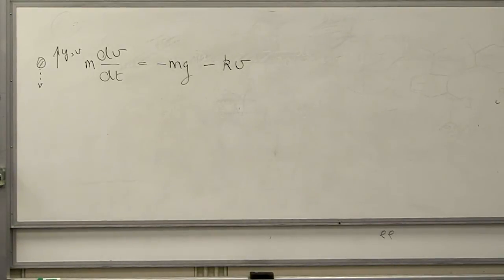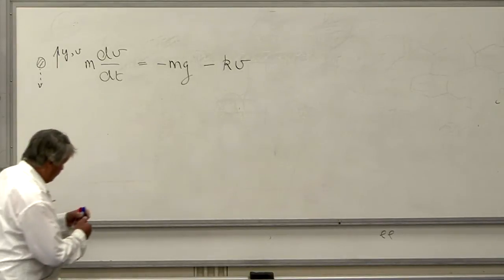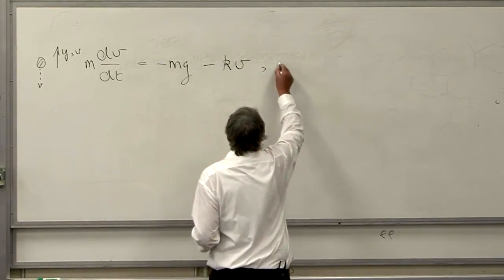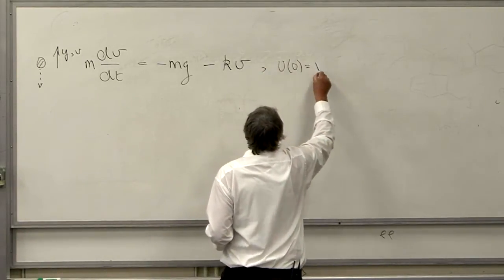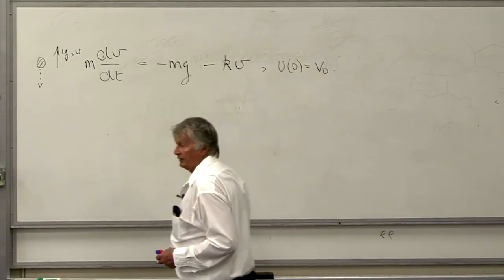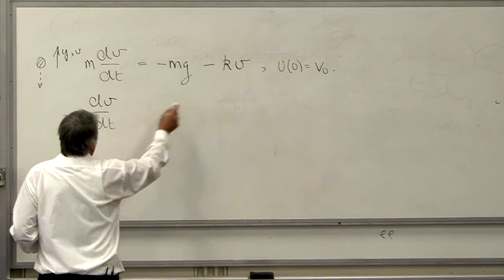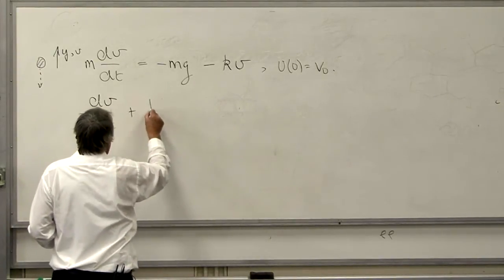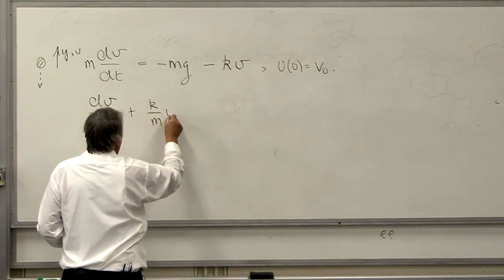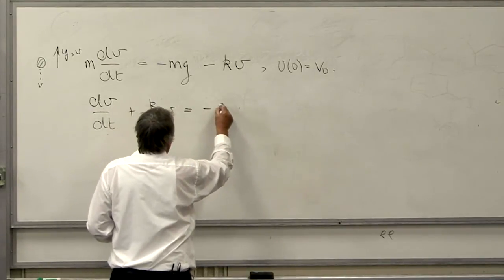It's up. How do we solve this? And we'll take v of 0 to be given as v0. So this is just dv by dt. I'll bring this to this side, plus k over m v equals minus g.